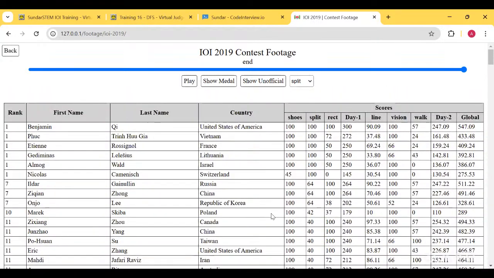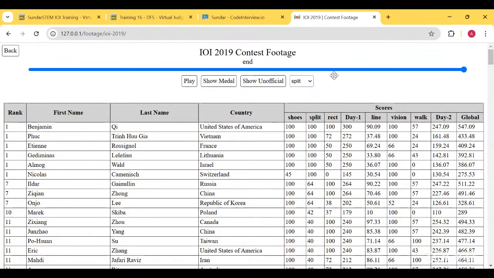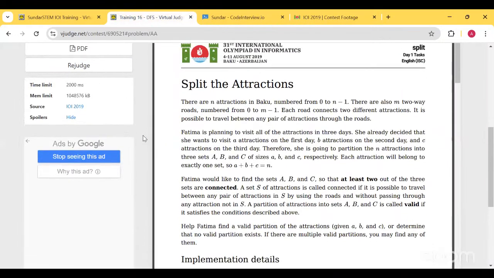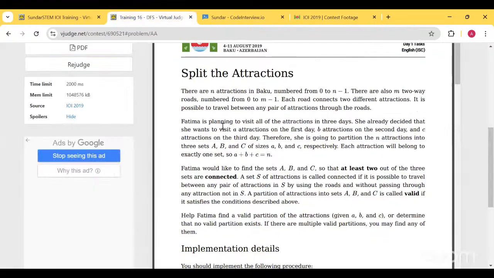And only 10 participants got more than 40. All right. But the solution is quite short and only uses DFS. Okay, so let's see the problem.